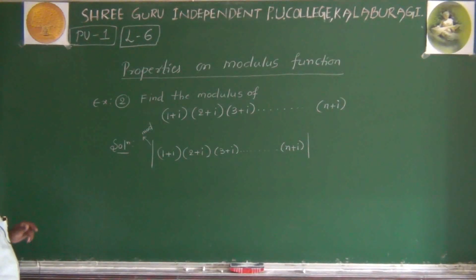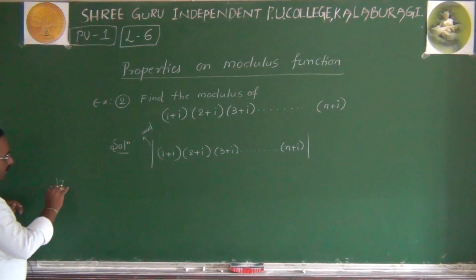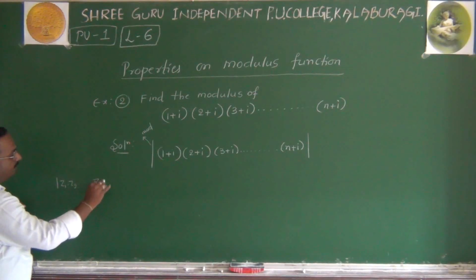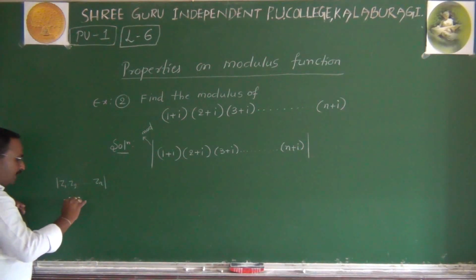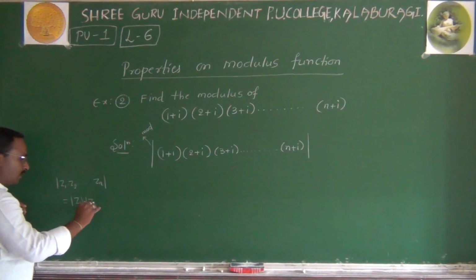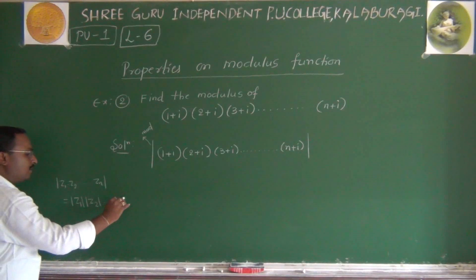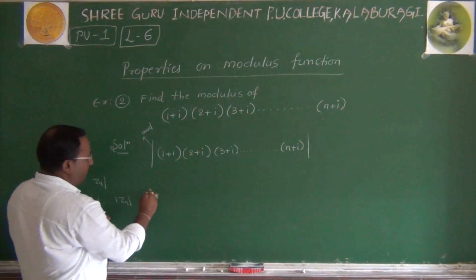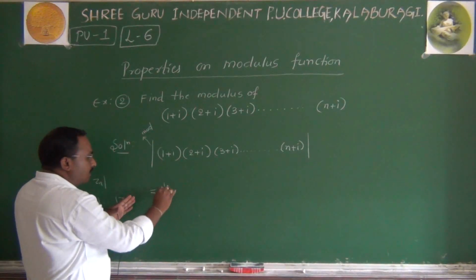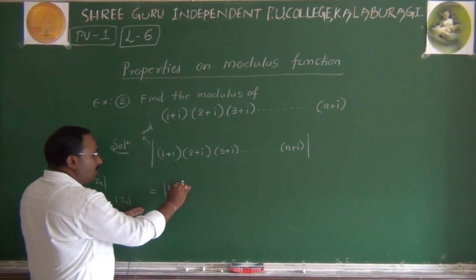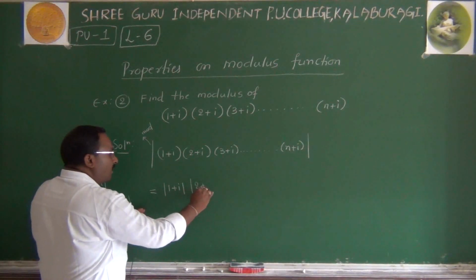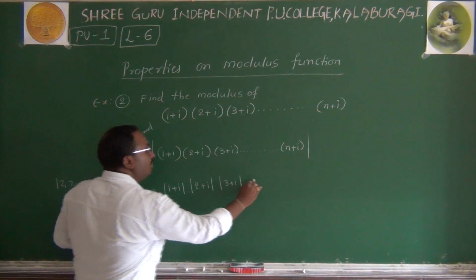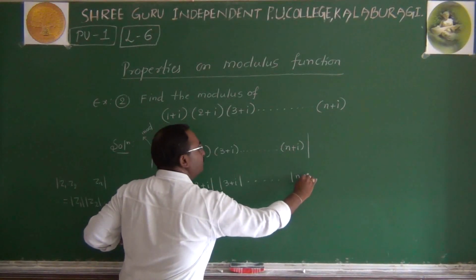The modulus of z1 into z2 into z3 into zn is equal to each particular modulus, so it can be expressed as modulus of 1 plus i, modulus of 2 plus i, modulus of 3 plus i, up to modulus of n plus i.